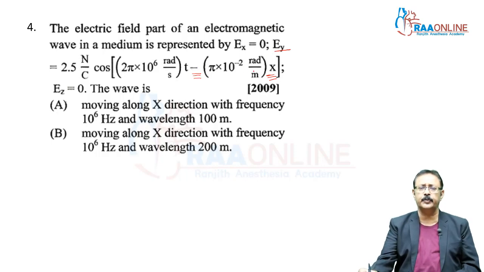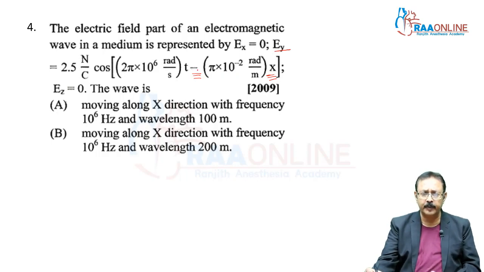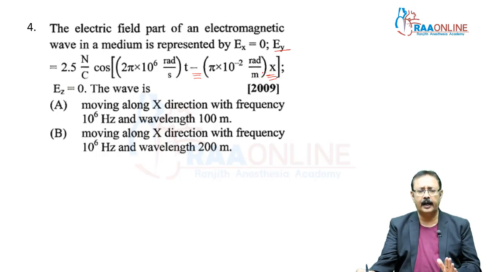These signs tell you in which direction wave is moving. If plus sign is there, it means wave is moving in negative direction of this axis. So opposite of this sign, along this axis waves move. So direction we got along x-axis direction.